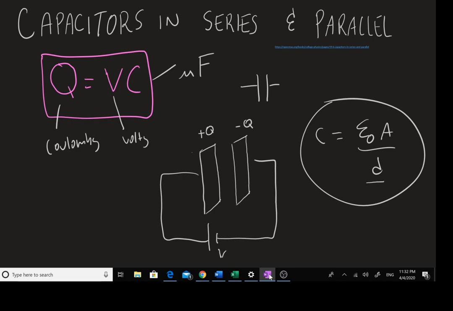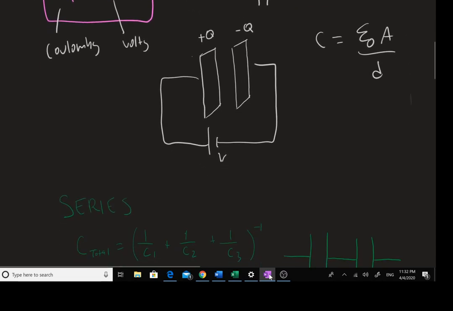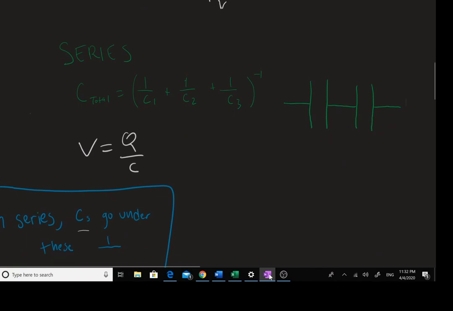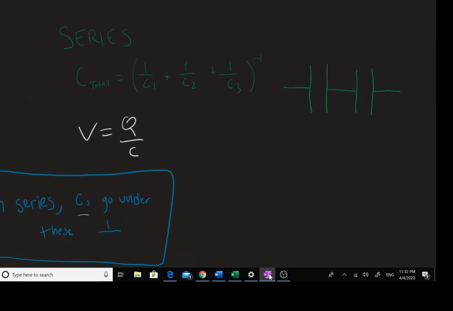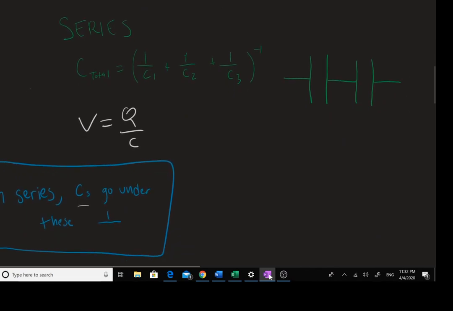And if the distance between those plates is decreased, then it'll be a larger capacitance. So smaller distance between them means larger capacitance, just because the charges can flow easier.